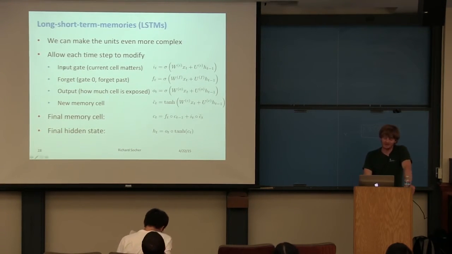So we have basically now 3 different kinds of gates. We have an input gate that basically will be very high if the current input actually matters, and you want it to really update.